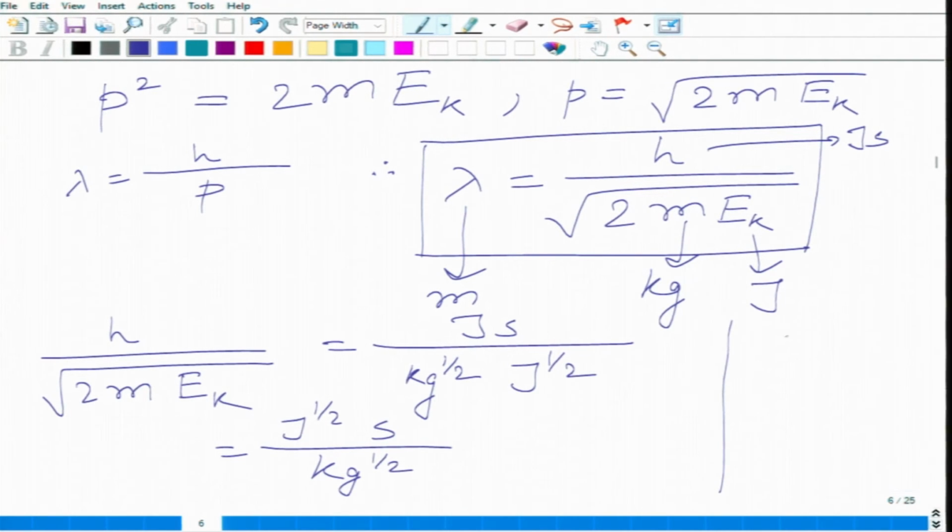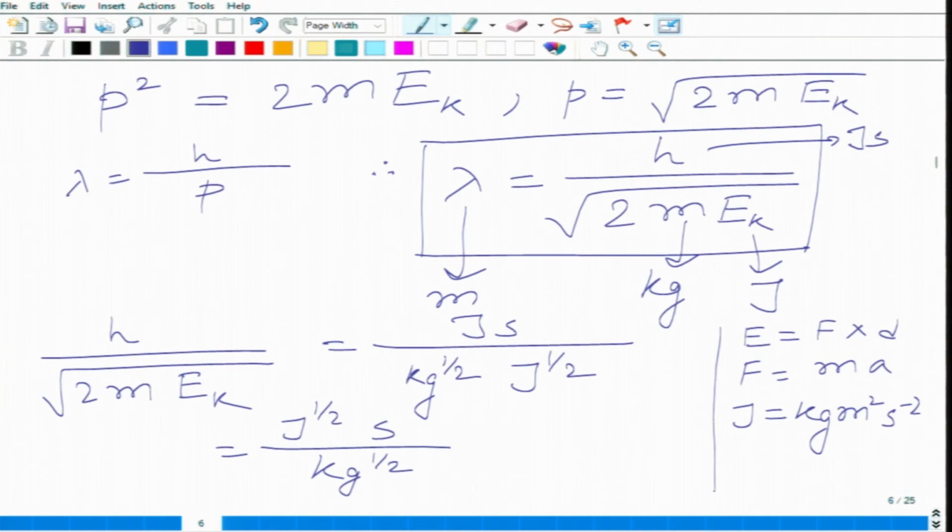Now, we know that energy is equal to force into displacement, and force is equal to mass into acceleration. Therefore, joule is equal to kg meter square second to the power minus 2. Sorry, we need joule to the power half, right?